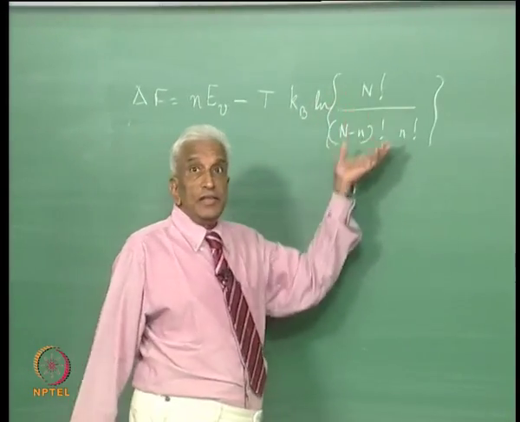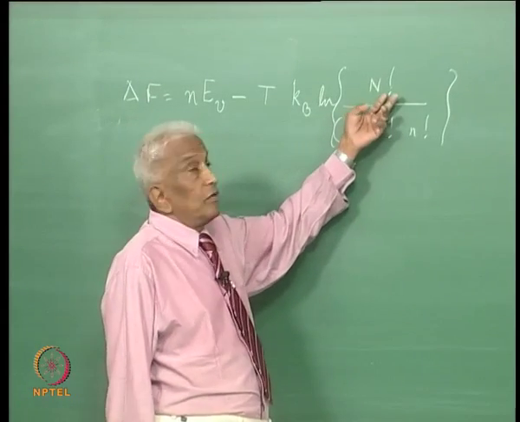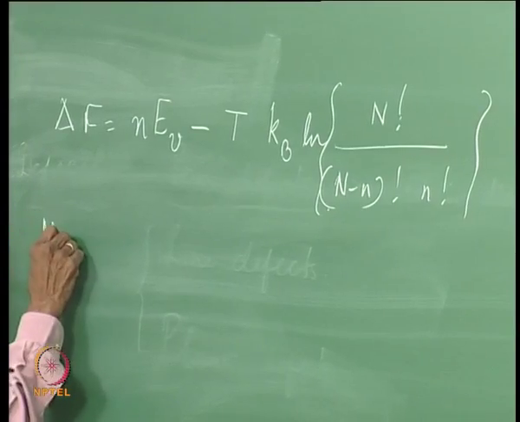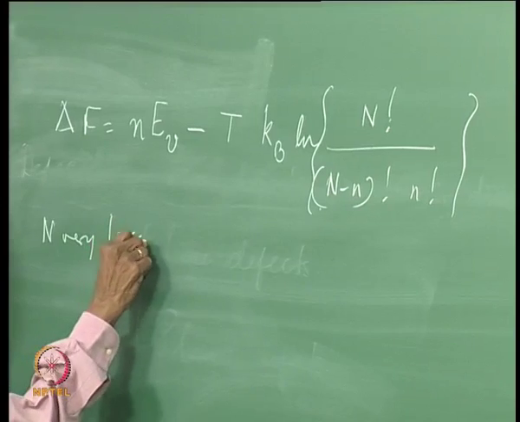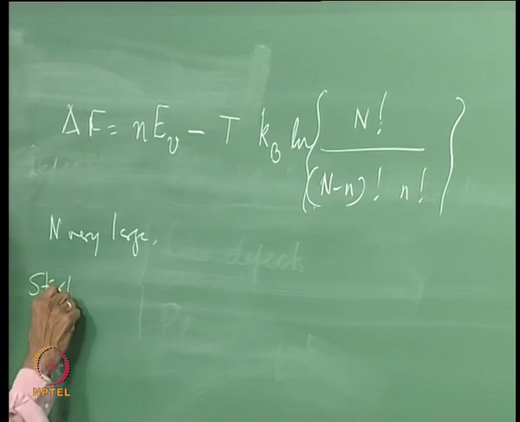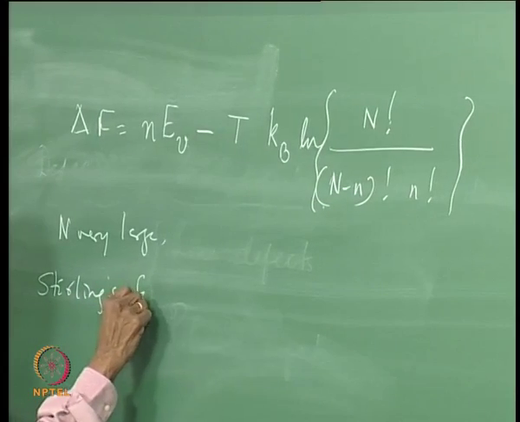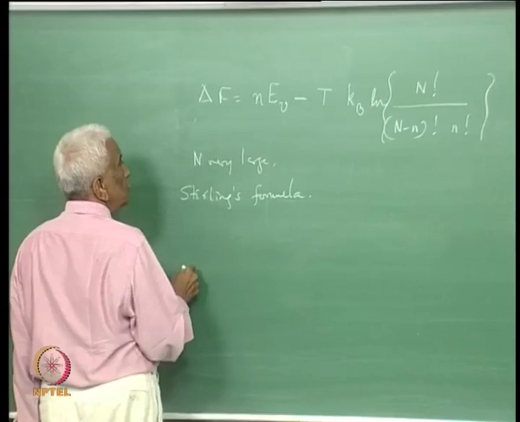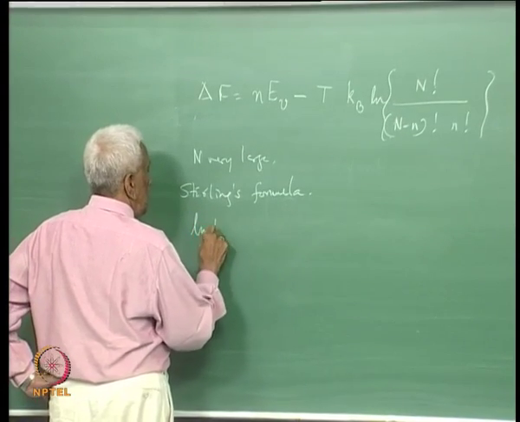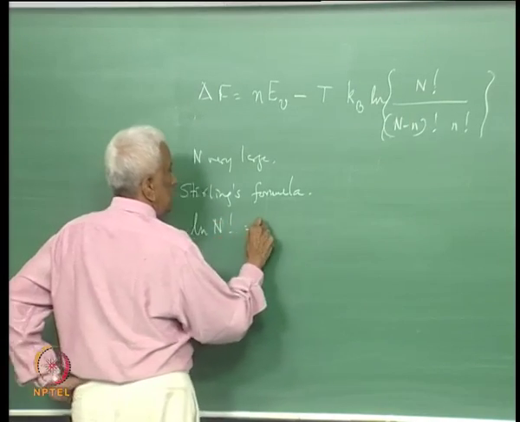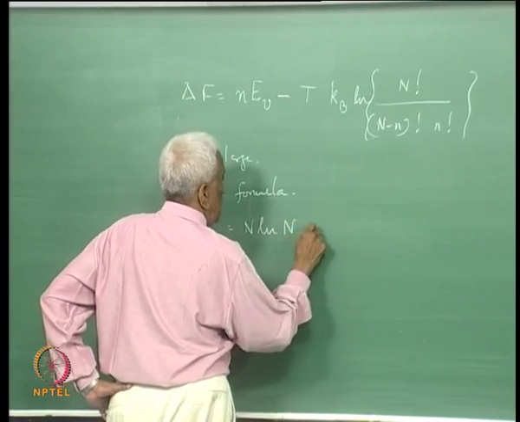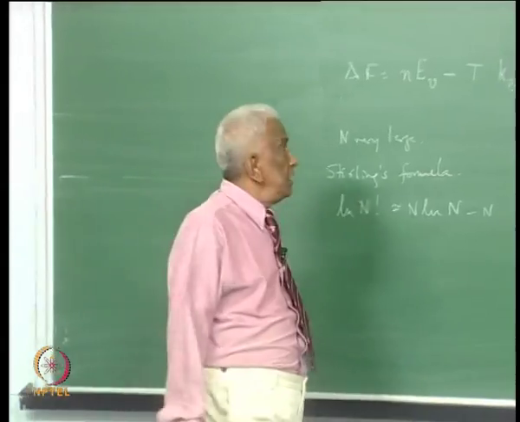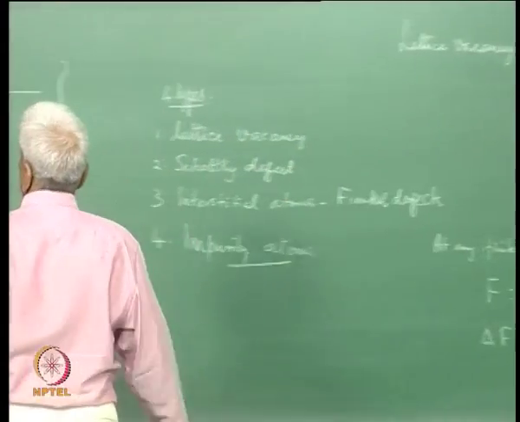In order to evaluate this, where factorials of a large number of atoms N, n are very large, we can use Stirling's formula, which is a very good approximation in such situations. It says log n factorial is n log n minus n, and the same for any other term like N minus n and so on.